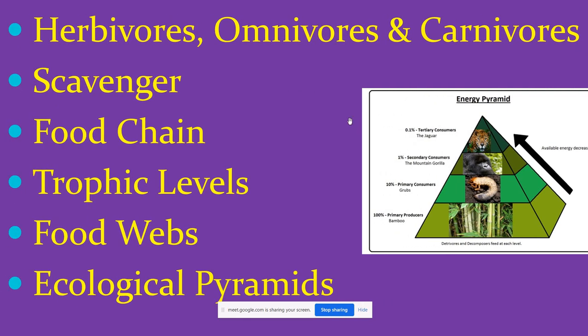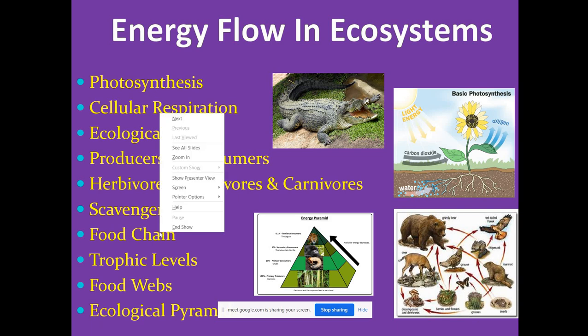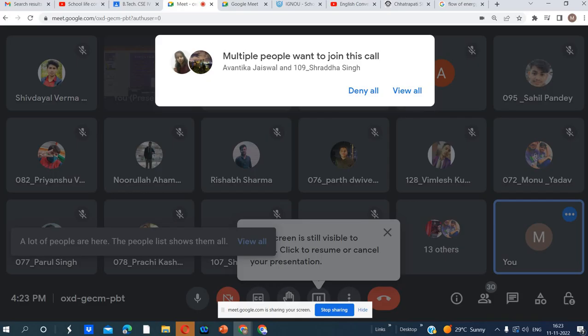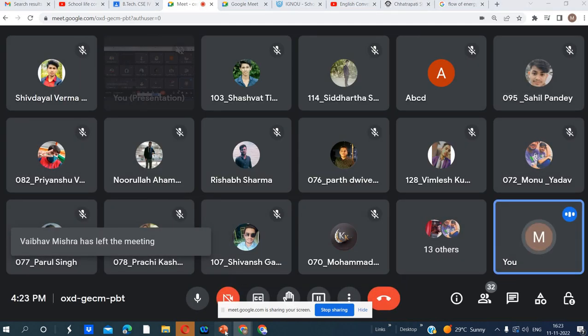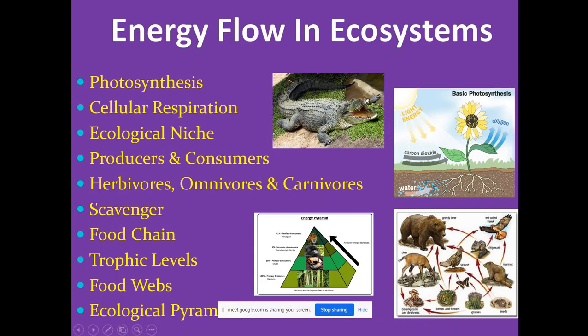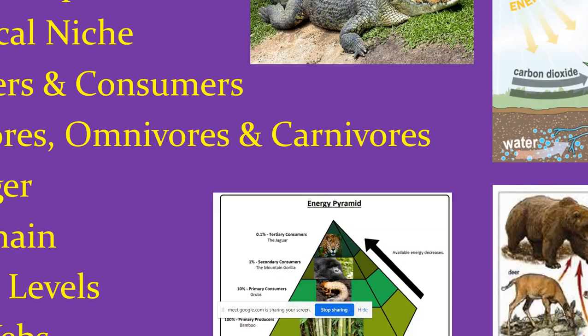The whole energy that is received by the plant from the sun is not transferred from producer to animals. Only 10% of energy gets transferred from one trophic level to another. The energy pyramid shows this concept.